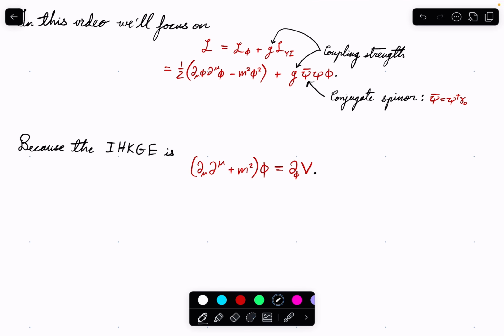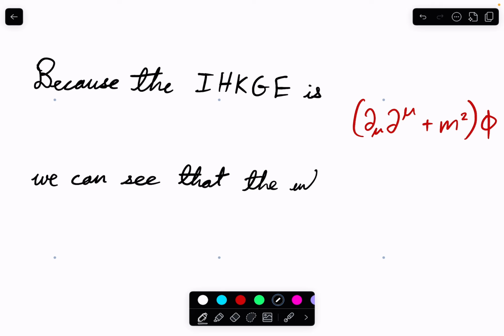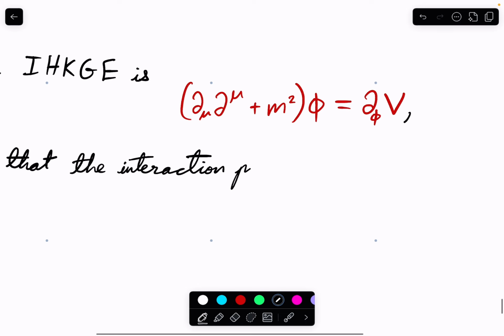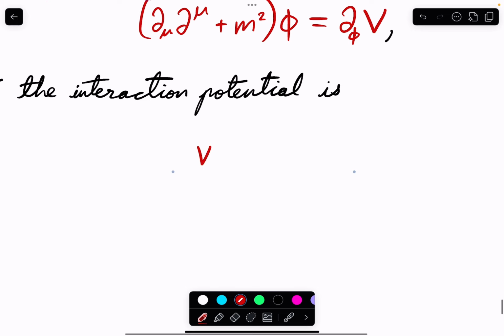We have this. And now we can see that the interaction potential is as follows. It is V equal to the coupling to the Yukawa interaction, which is just G psi bar psi phi.